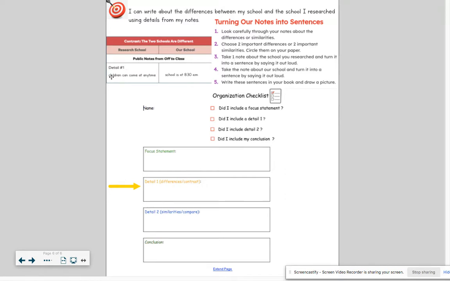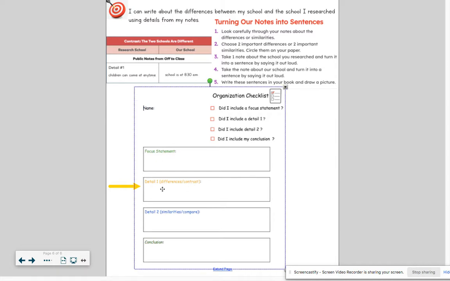Detail number one. Children can come at any time. School is at 8:30. So now I need to take my note and turn this first part into a sentence, because the first part is take the note about the school we researched and turn it into a sentence. So children can come at any time.